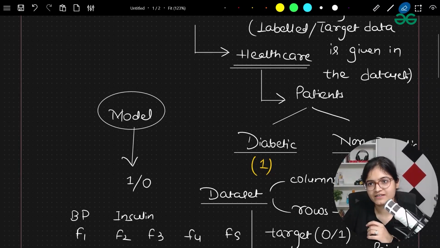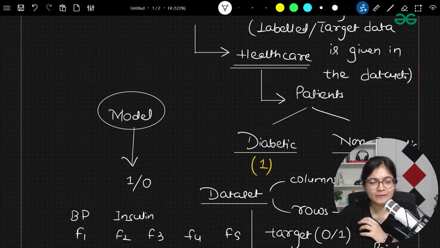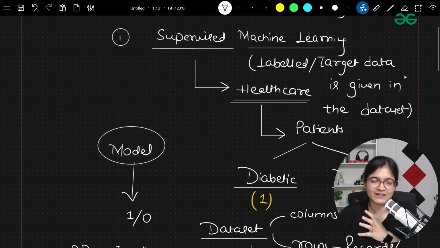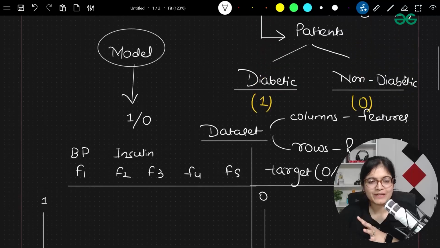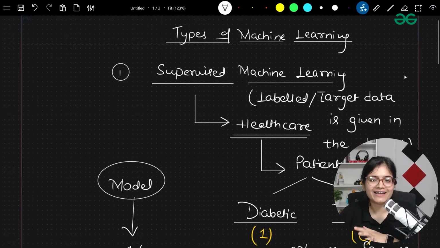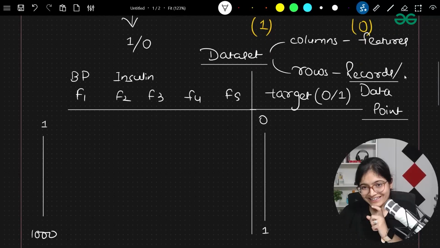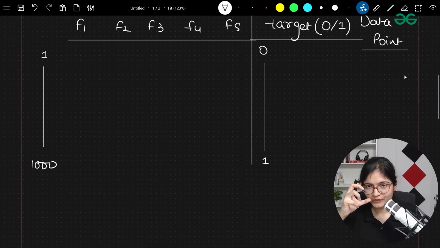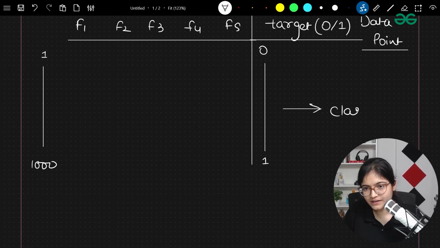I hope it makes sense to everyone what I'm trying to convey here. Target data, or the label data, is given in the data set. That is what you can call supervised machine learning. Now, in this case specifically, where we have to provide either the value 0 or 1, that is something you can call a classification problem.